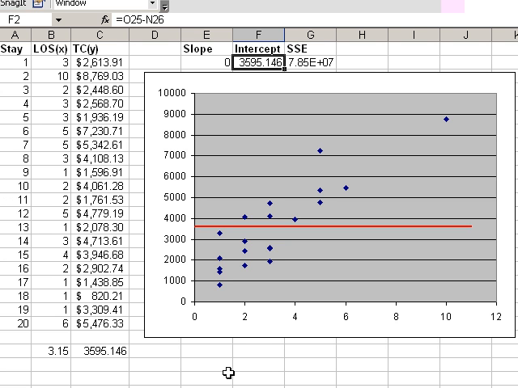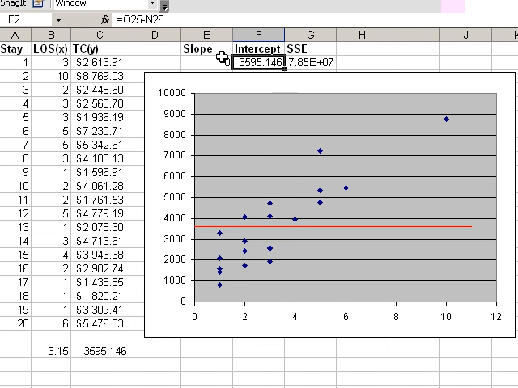The line is defined by the formula on page 338, 11.2a. 11.2a says that the predicted value of y is equal to b1, which is the slope, times the value of x, which is length of stay, plus the intercept.